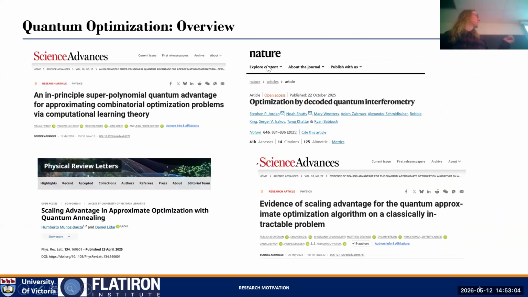I'm not sure if you've seen this paper, which came out, I believe, last year, maybe 2024. The authors show that there should be an in-principle superpolynomial advantage for quantum combinatorial optimization versus classical when you're looking for approximate solutions, not exact solutions. For most problems, you're right that accuracy doesn't matter so much.